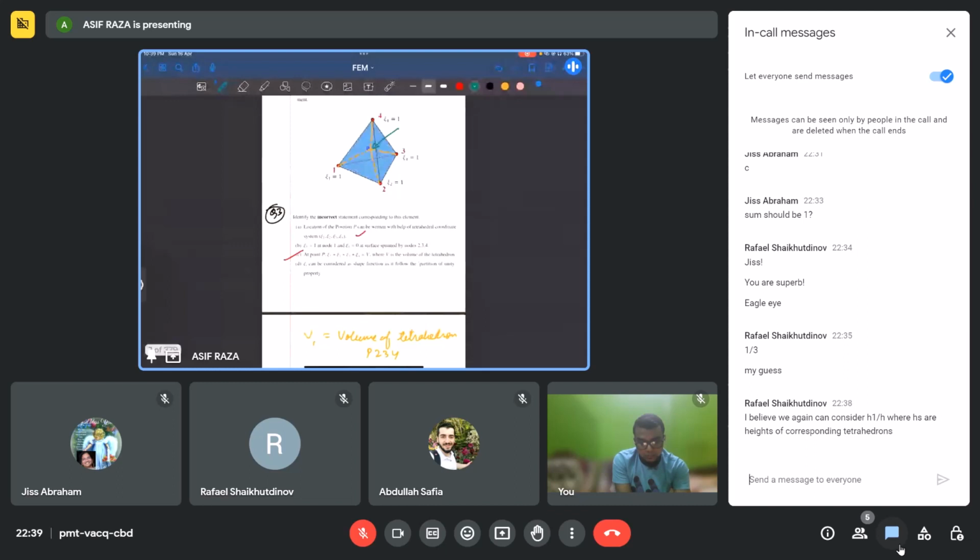P coincides with 1, so V1 is equal to V, that means Xi1 is equal to 1. Right? And Xi1 equal to 0 at the surface spanned by nodes 2, 3, 4. So that is also correct.